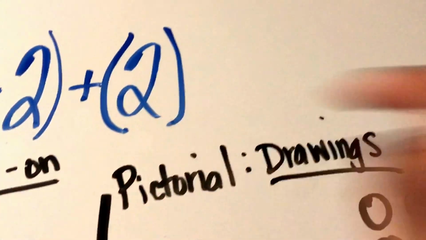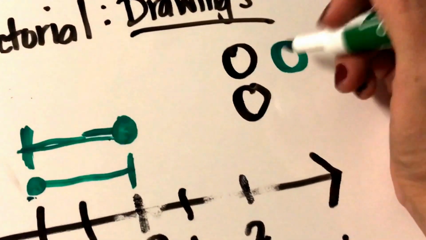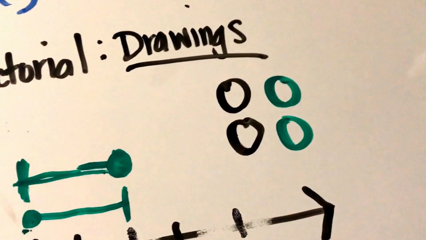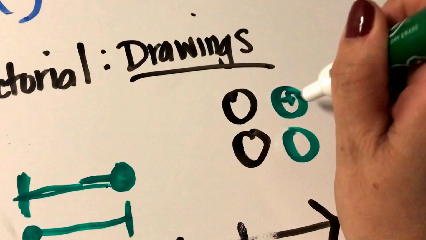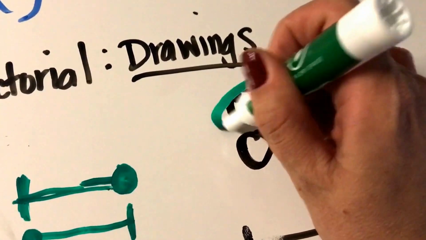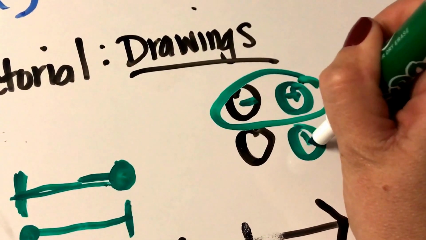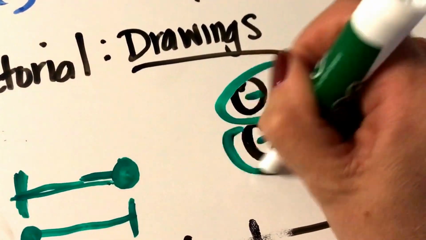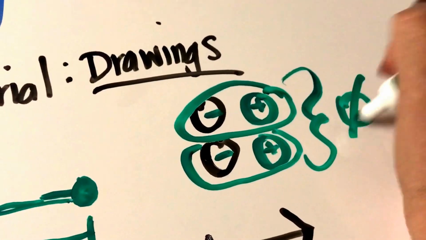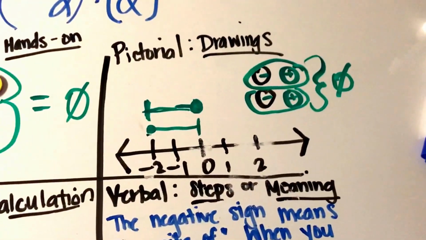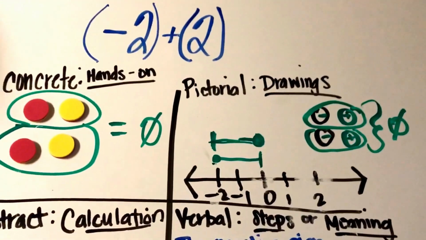And then I'm going to combine it with 2 positives. So there's 1, 2 positives. And then the same thing. We have positive and negative make a 0. Positive and negative make 0. So all together, 0. Okay, so that's just a variety of ways that you can demonstrate this understanding.